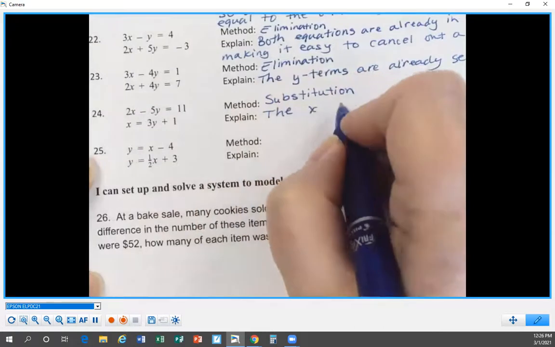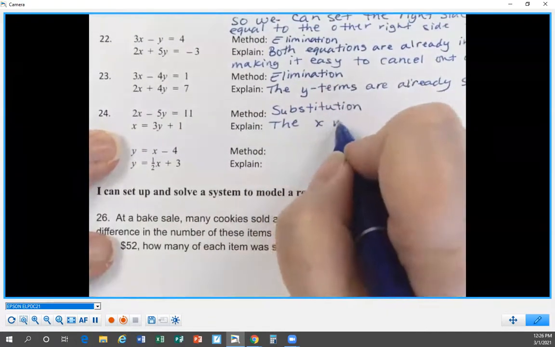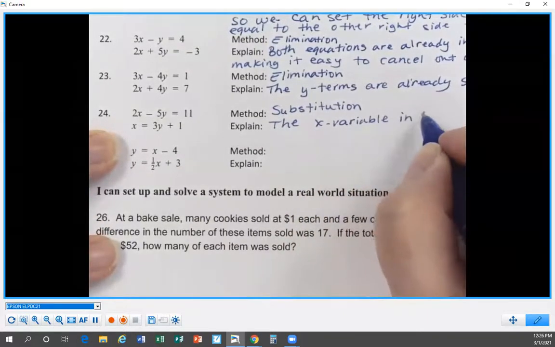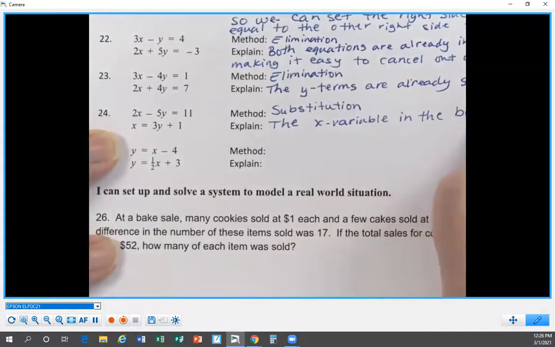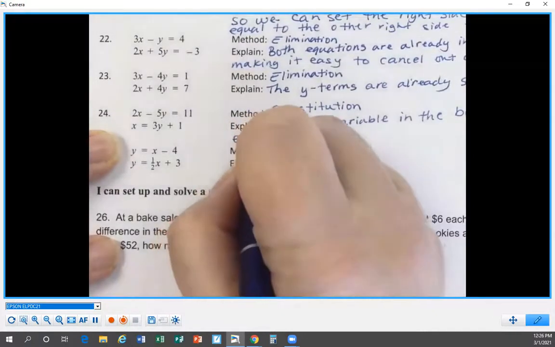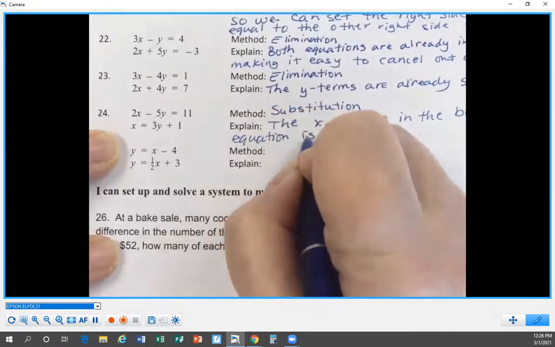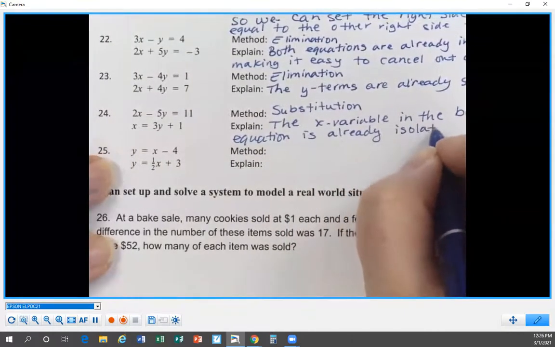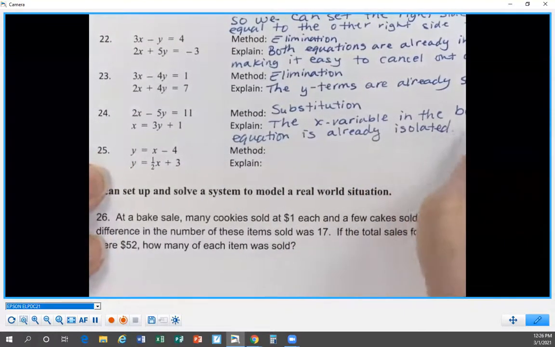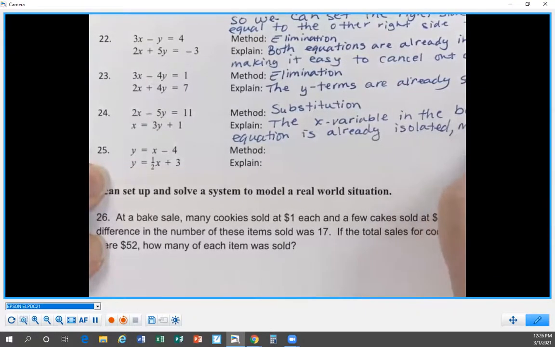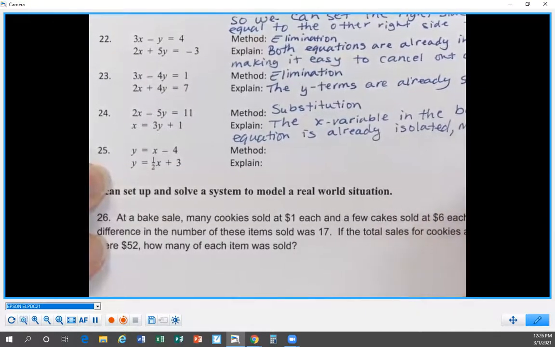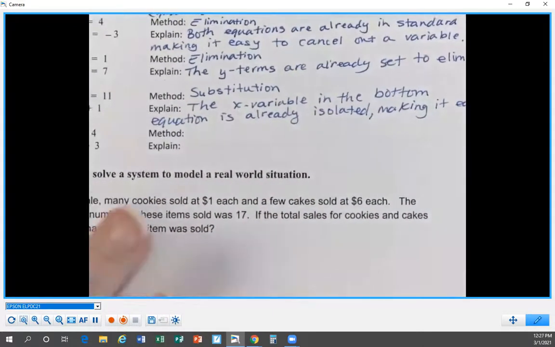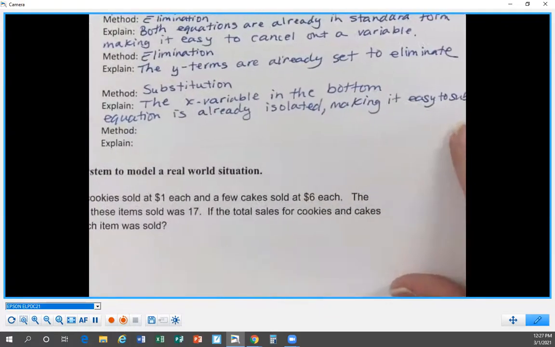So the x variable in the bottom equation is already isolated, making it easy to substitute. Sorry, it went off the screen. Making it easy to substitute.